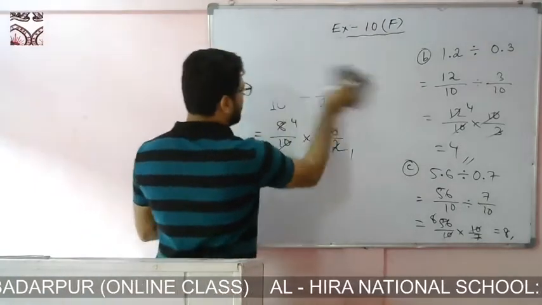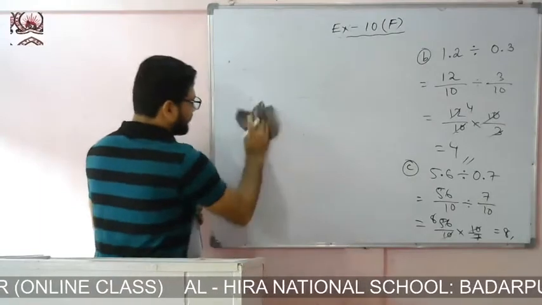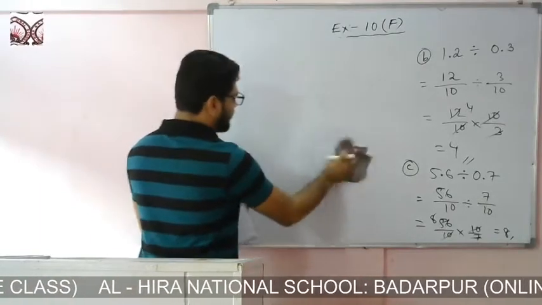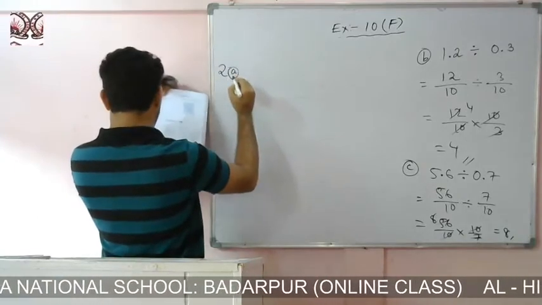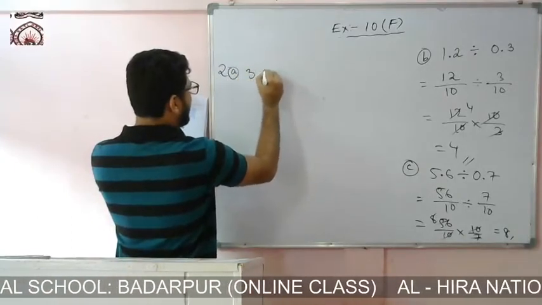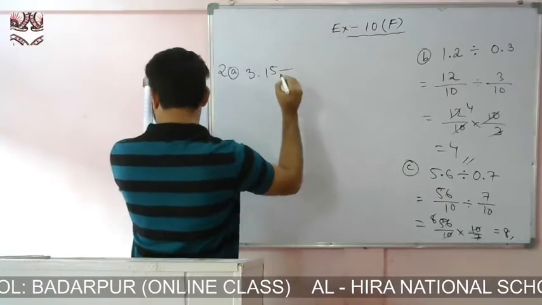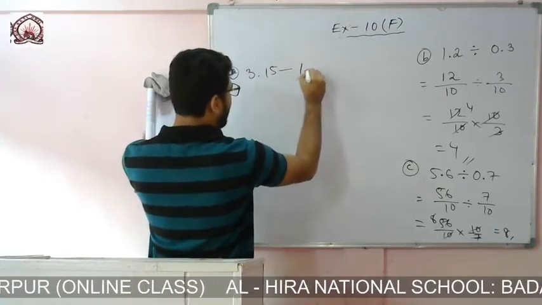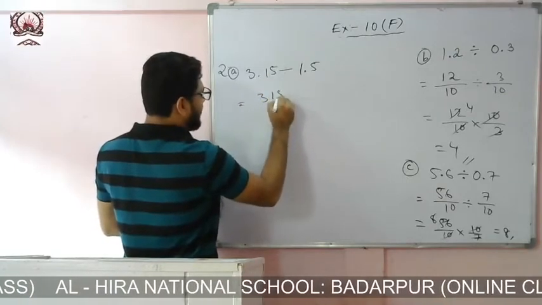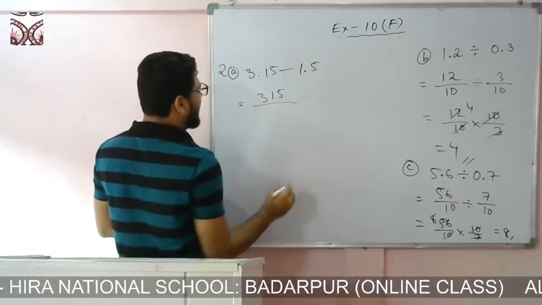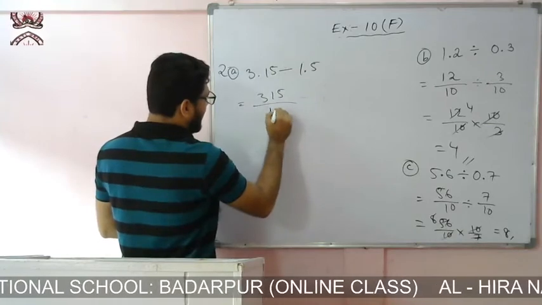Now come to 2. You see 3.15 divided by 1.5. Okay, so you omit the point, then it will become 315 by 100.